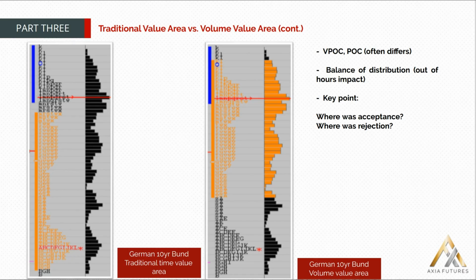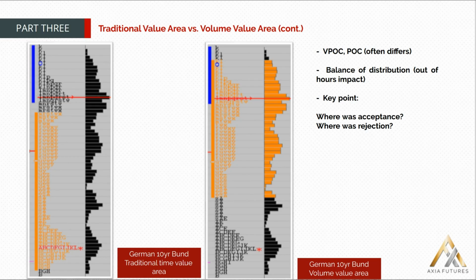It's very unusual to see them both at the same price. It does occur, but it's more likely that they occur at different prices. So again, you need to decide from this day forward, what would you prefer to use? I recommend using the volume point of control constantly so that I have a constant benchmark to lean against.